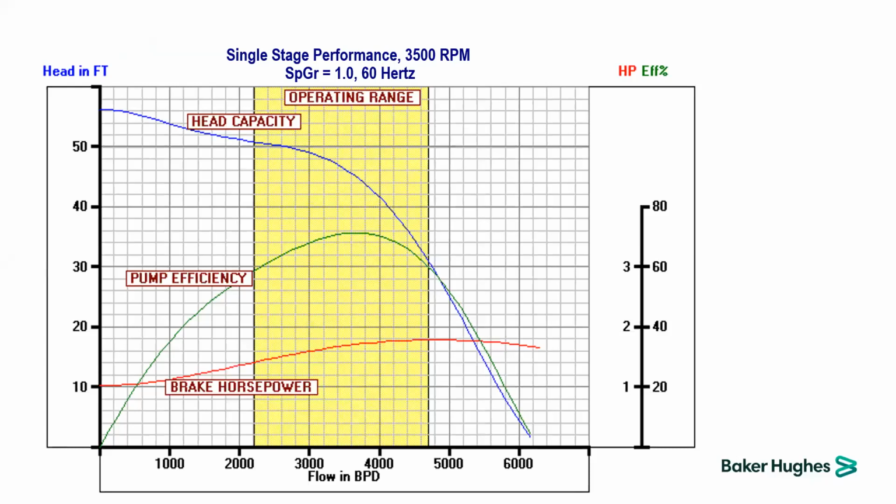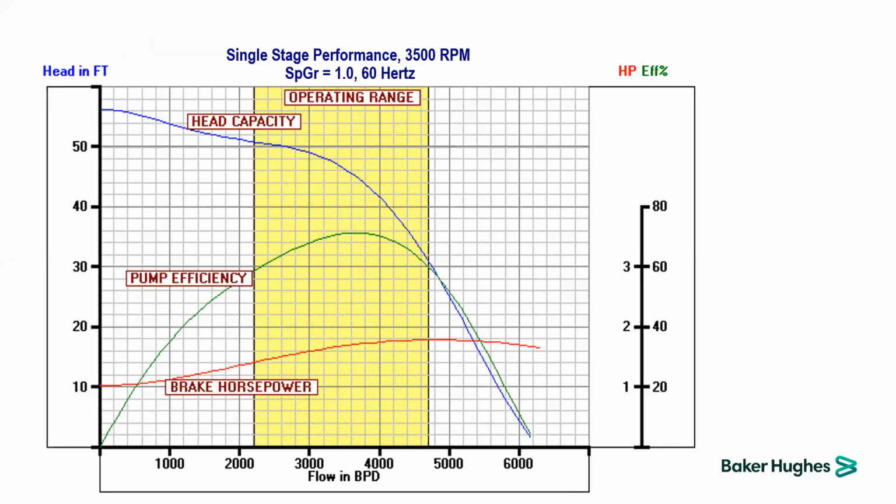So for that one we present here, you can find the two black lines, and in the middle it's in yellow. It's between 2,200 barrel fluid on the x-axis up to almost 4,700 on the upper limit.